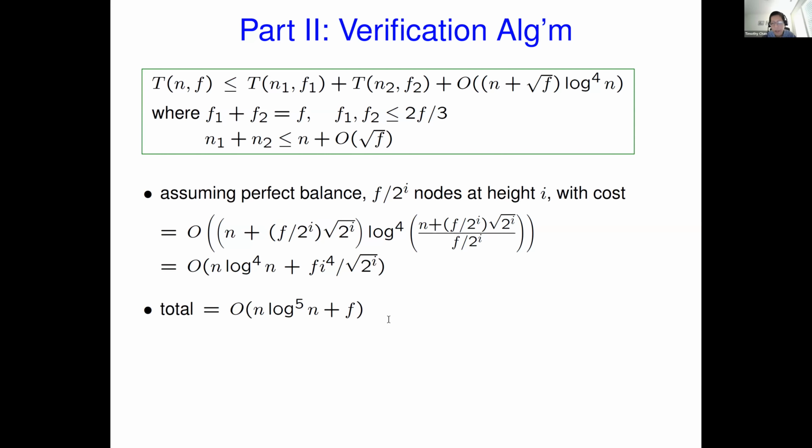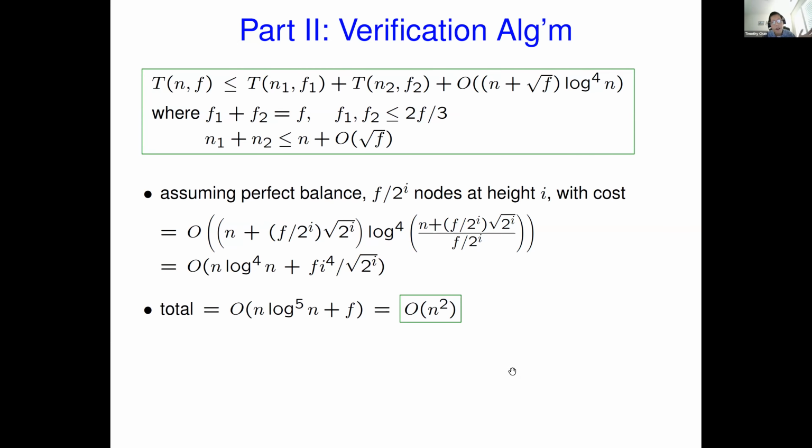And since f is n squared, total time is n squared, and we're done. So basically a simple recursive procedure using separators, where as we recursively eliminate input points, the polylog n factor goes down, forming a geometric series.